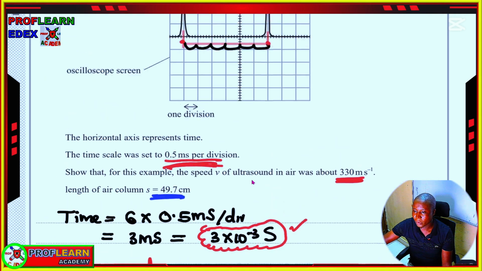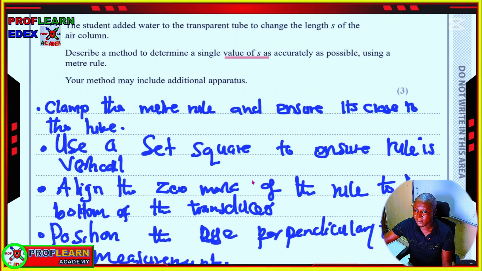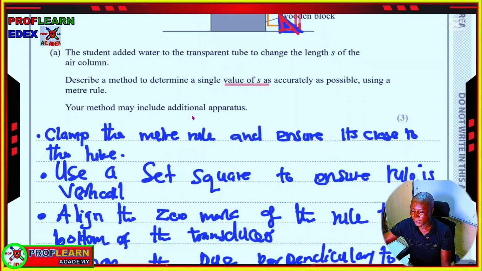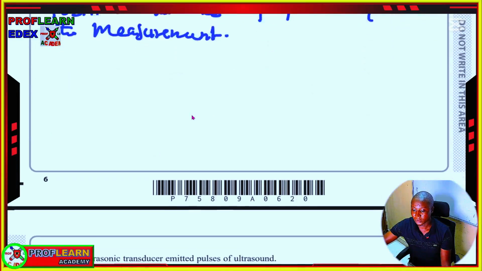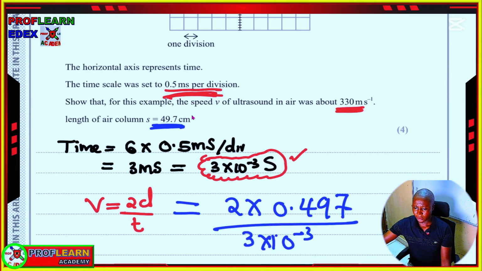But remember, when we are talking about the pulse being transmitted and being detected, the pulse will be transmitted, it will reach the surface of water, then it will come back. So it will cover twice the distance. Then for us to work out speed, we are going to say that speed is twice the distance over the time taken.